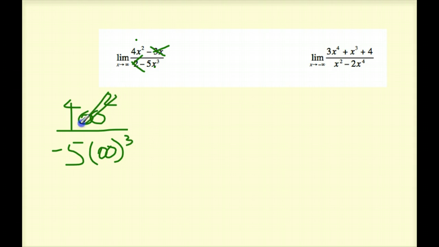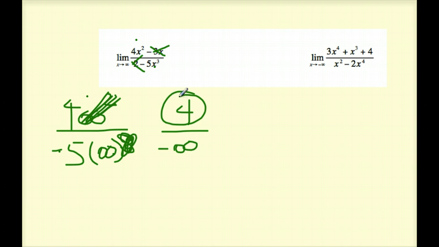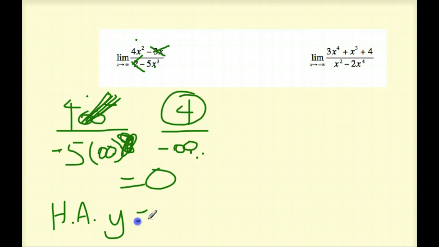That means 2 of these on the top cancel and 1 of these cancel. I have a 4 left over on the top. Negative 5 times infinity will probably remain an infinity. But here's the thing, if I have a 4 up here and a really large number in the bottom, the bigger and bigger my number gets, the more I approach 0. So here my horizontal asymptote is y is equal to 0.